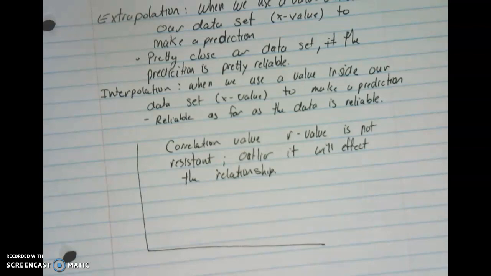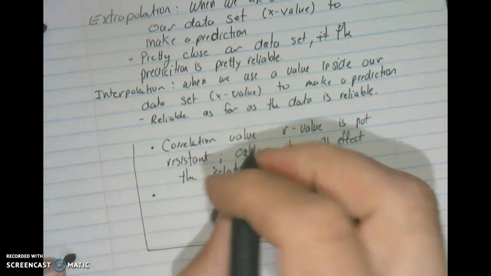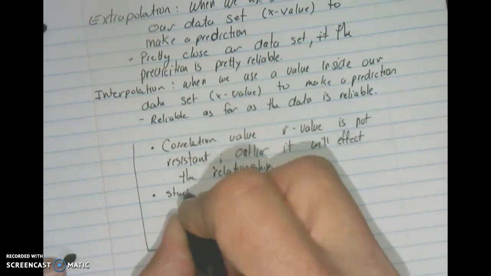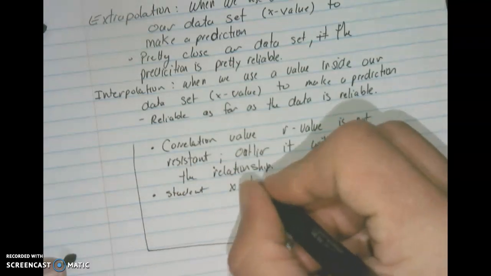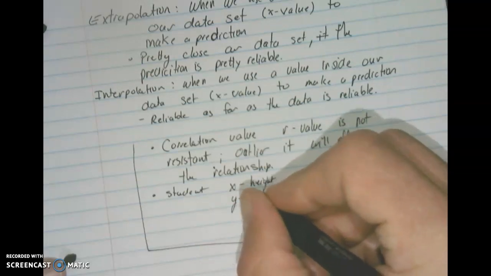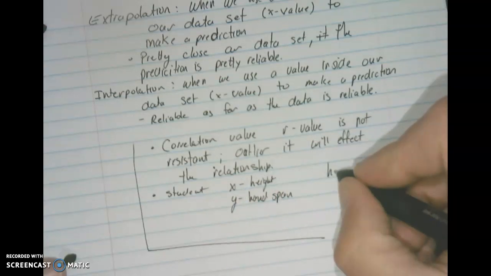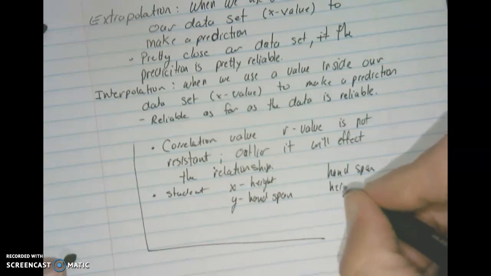The crazy thing is, let's say one student has X as the height and Y as the hand span, and then you as a student have it the other way around.